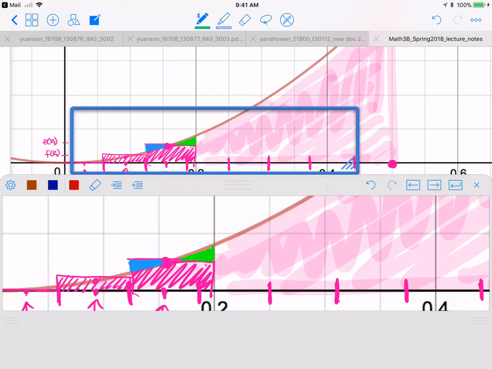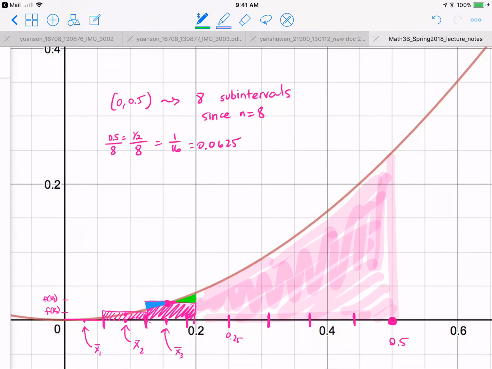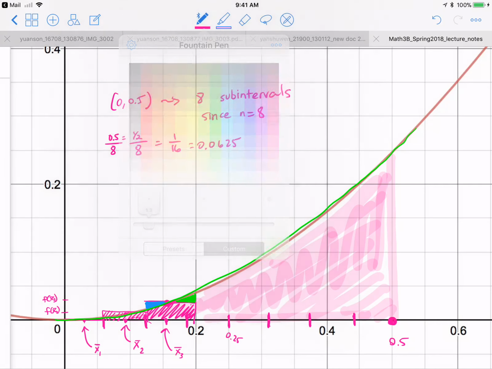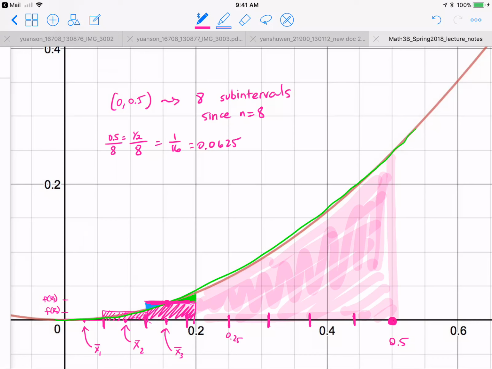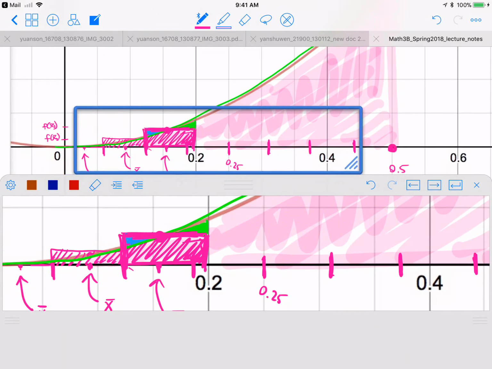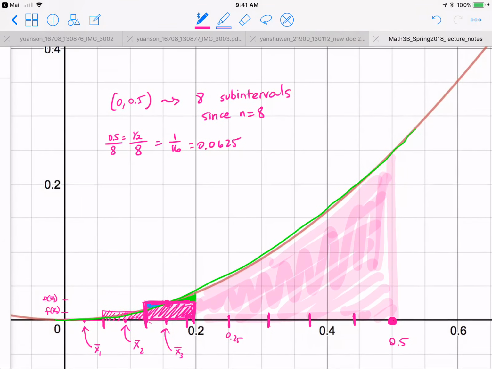Because that green part is underneath the graph, and remember, what we're trying to estimate is this pink area, which is the area underneath the graph. By using this rectangle, we're getting too much over here with the blue and not enough over here because we're missing that green, you see? So that's why it truly is an approximation in this case.